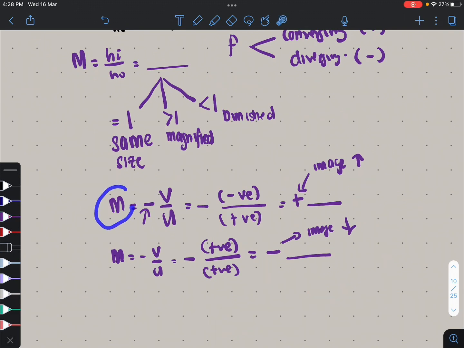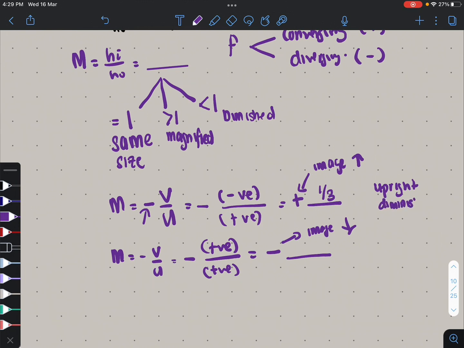So, daripada magnification ini, we can deduce two characteristics. One is by the sign here, positive atau negative. Another one is by the value of the magnification itself. Okay. Kalaulah kita dapat dekat sini positif 1/3. Okay. Positif ini indicate image kita upright. And then image kita diminished. Kenapa?